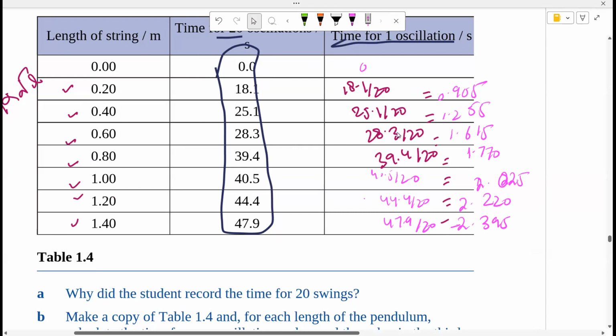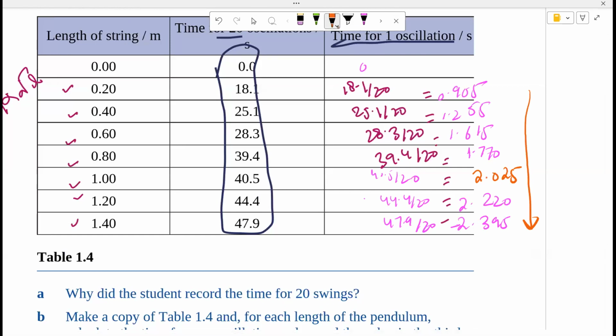As we increase the length, what effect do you see on the time? How is it affecting the time? It's increasing.